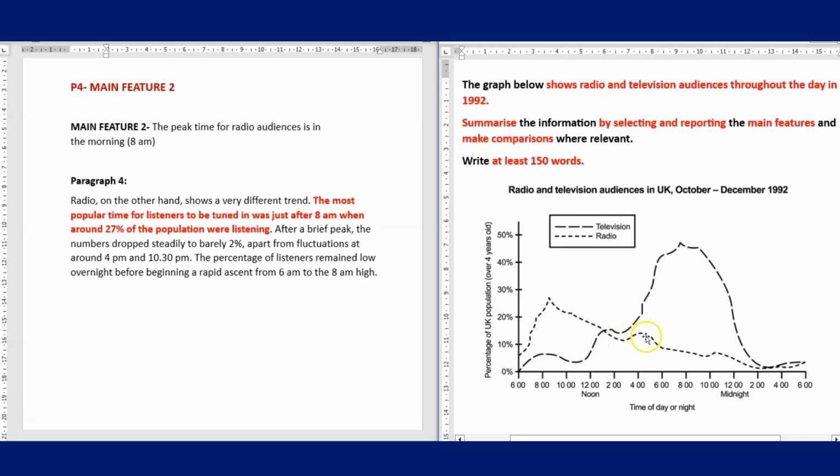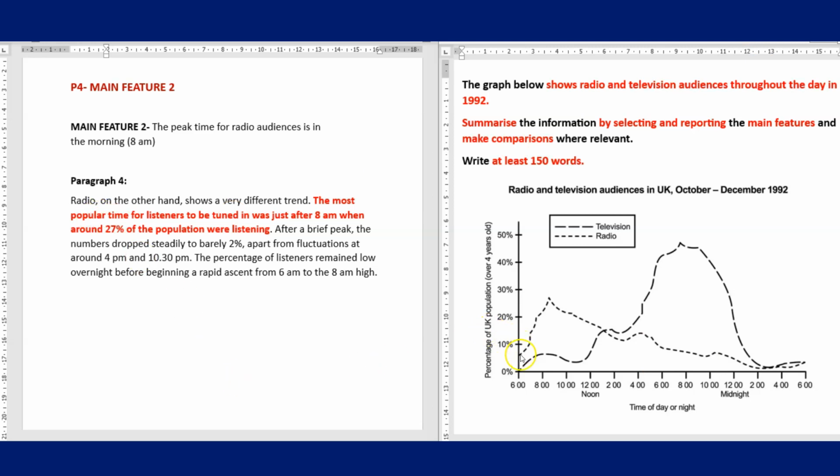There was some fluctuation coming down here again, 10 to 12, also fluctuations. So apart from fluctuations at around 4 p.m. here, and then 10 p.m. All right, so just two things that were stated here.